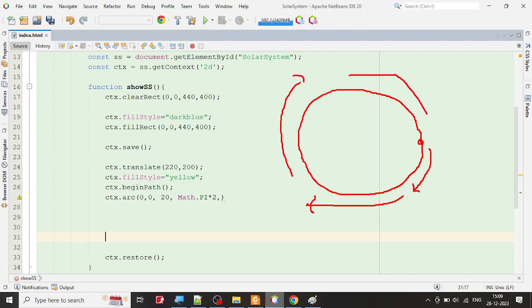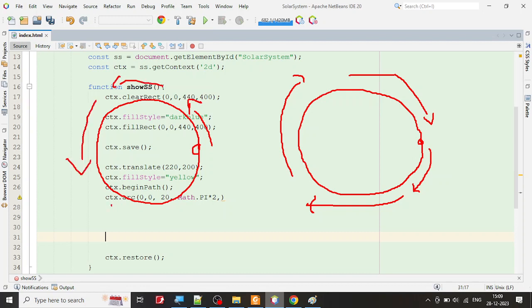This is the clockwise direction. What is the other way? You go like this and take 360 degrees. Still you are going to get the circle. So this is the anti-clockwise direction. One is in the direction of the clock, the other one is anti-clockwise.